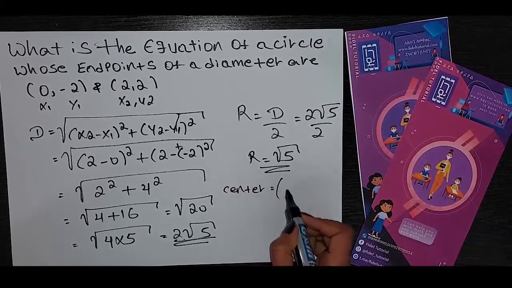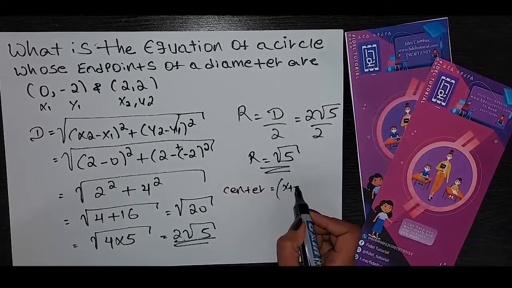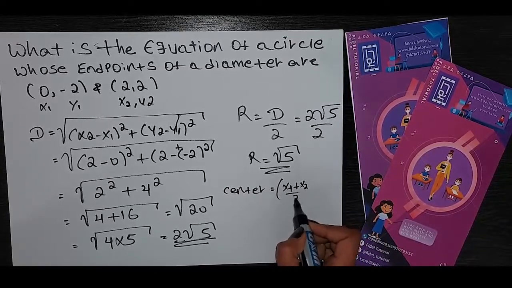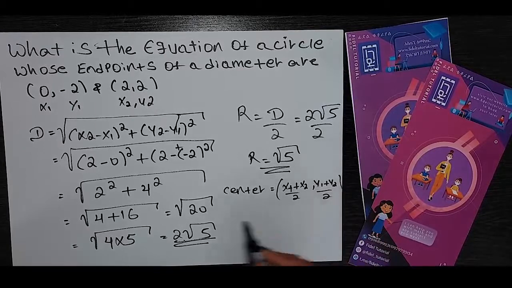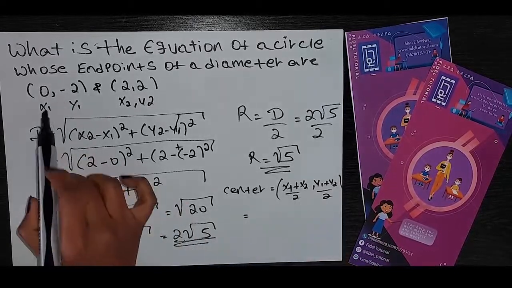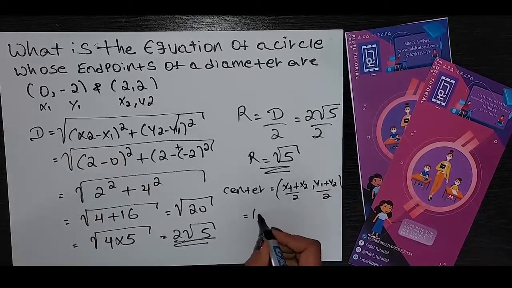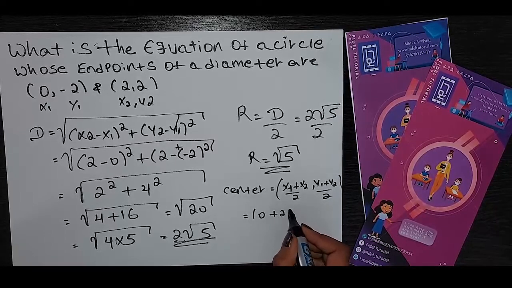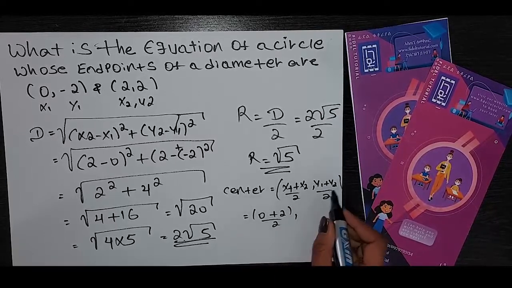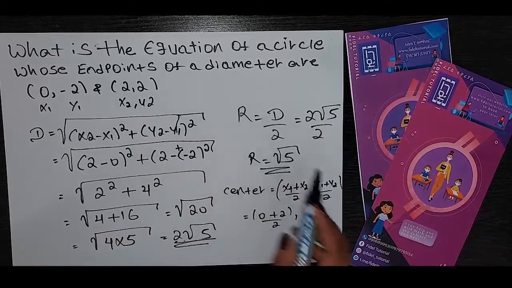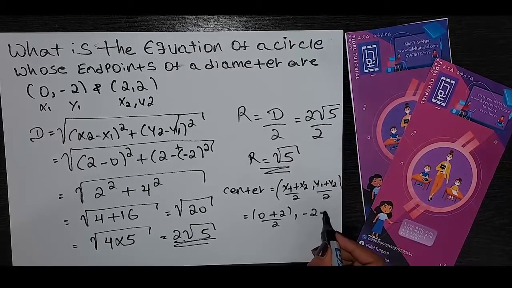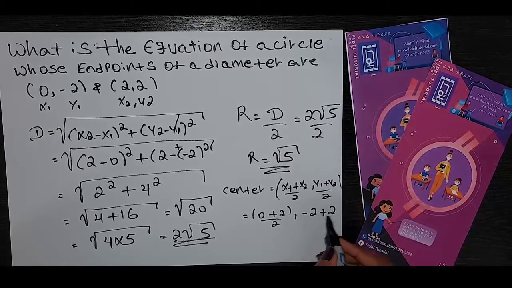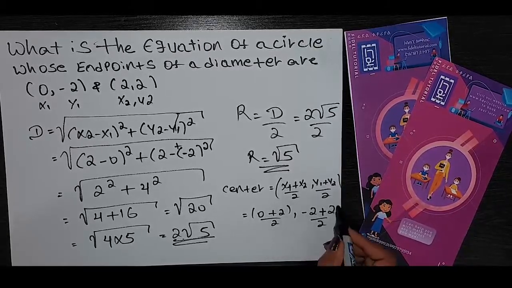is represented by (x1 plus x2) over 2 and (y1 plus y2) over 2. ስለዚህ x1 እና x2 እዚህ ጋር ተሰጥተውናል። So (0 plus 2) over 2 and y1 plus y2 ደግሞ y1 አችን which is minus 2 plus y2 is 2 over 2.